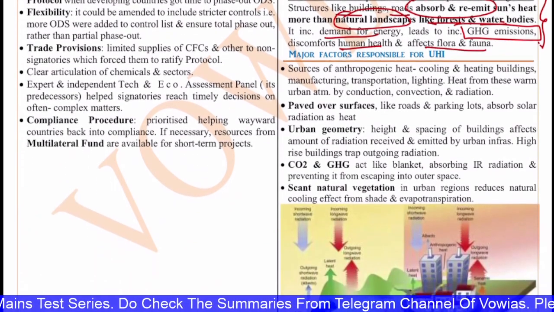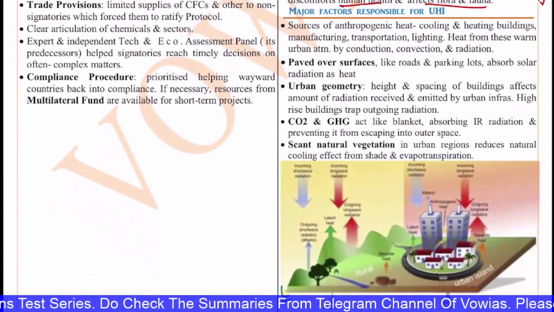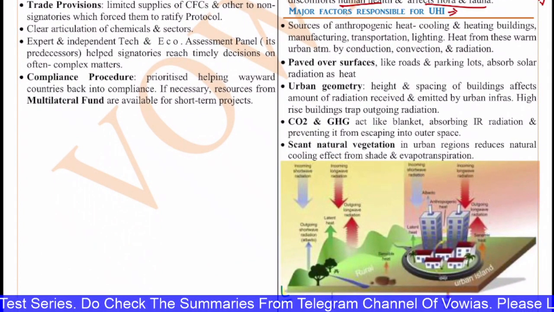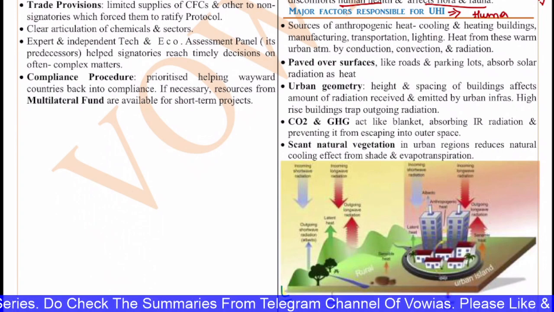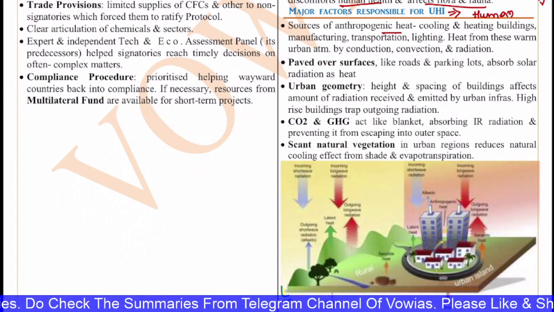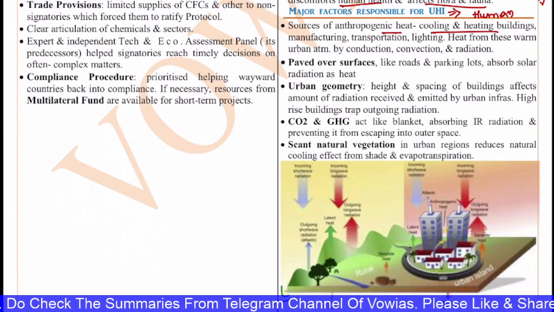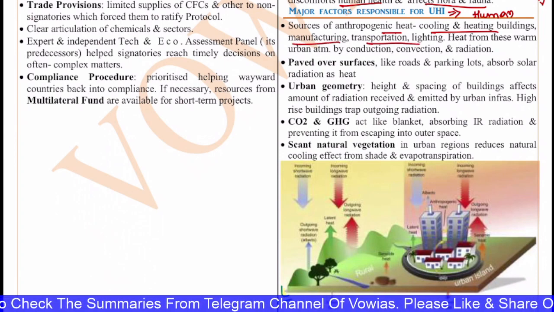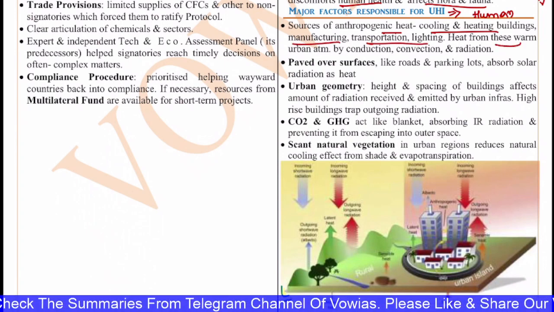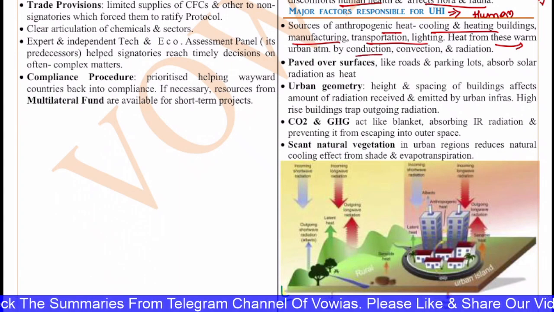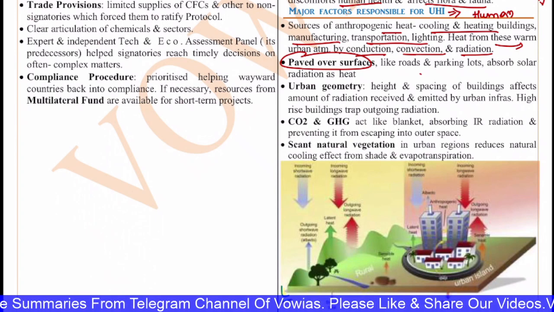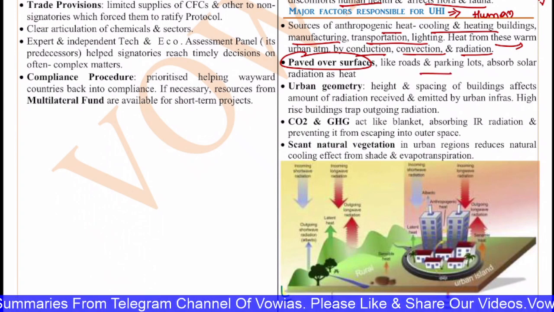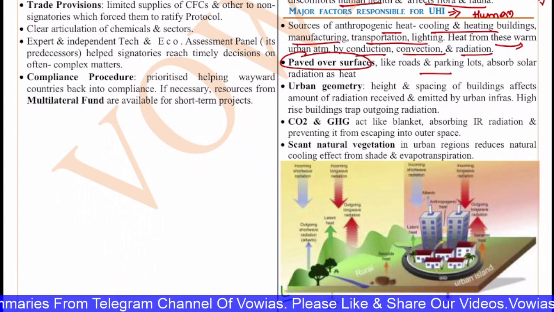Now the major factors responsible for the urban heat islands. Mostly, human activities are the major causes. The sources of anthropogenic heat: cooling and heating buildings, manufacturing, transportation, lighting, heat from which warms the urban atmosphere by conduction, convection and radiation. Paved-over surfaces like roads and parking lots absorb solar radiation as heat.